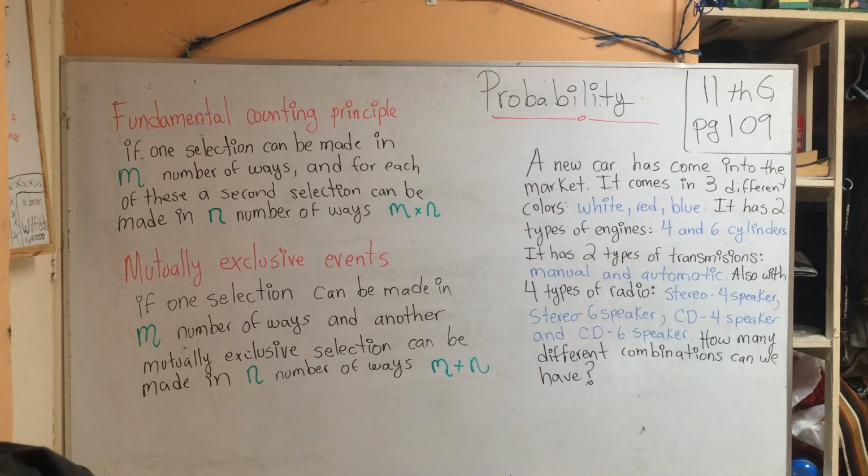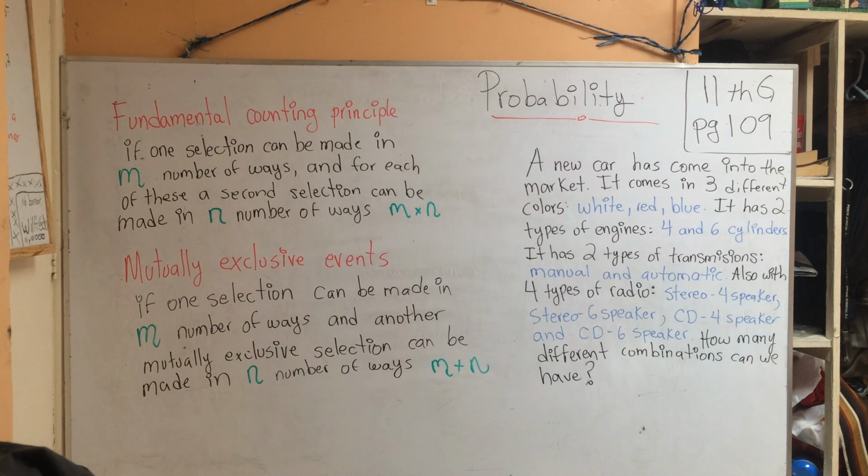Now let's talk about the first one, the fundamental counting principle. Here on the right we have an example. A new car has come into the market. It comes in 3 different colors: white, red, and blue. It has 2 types of engines, a 4-cylinder engine and a 6-cylinder engine. It has 2 types of transmissions, manual or automatic.